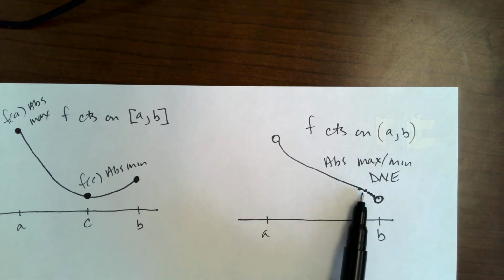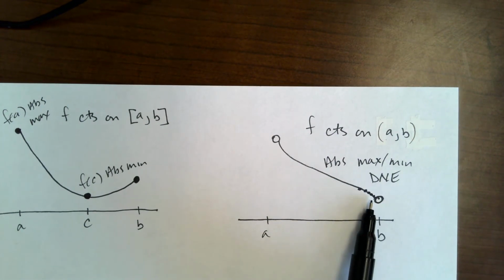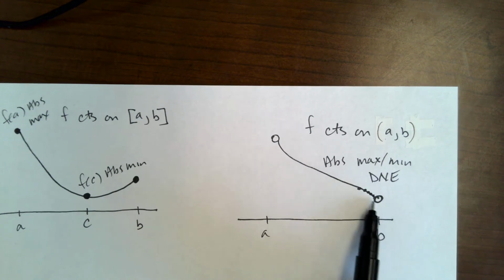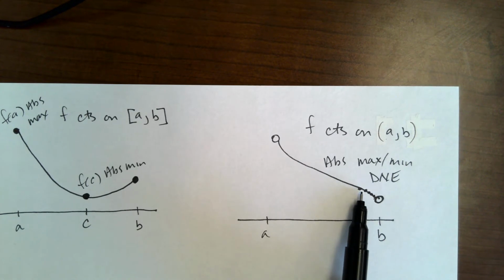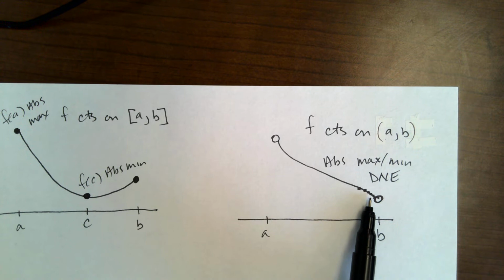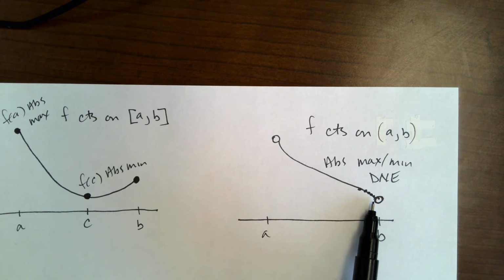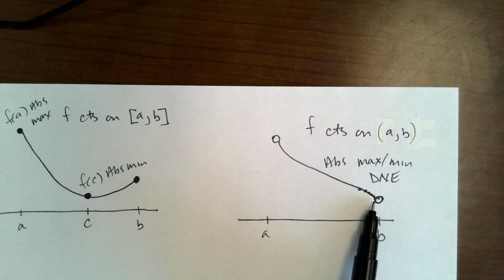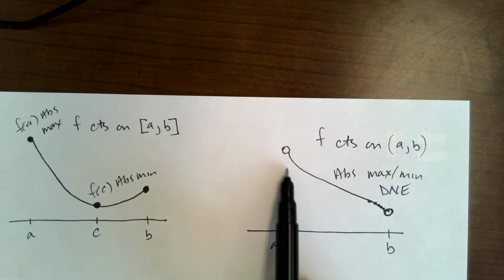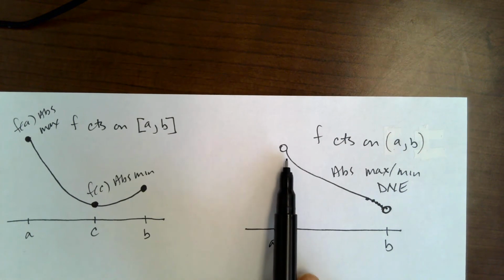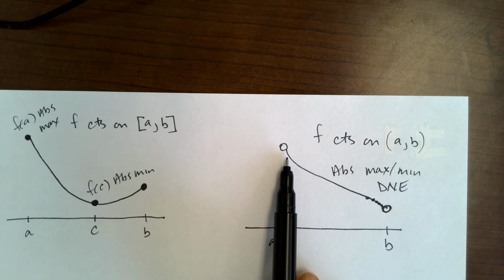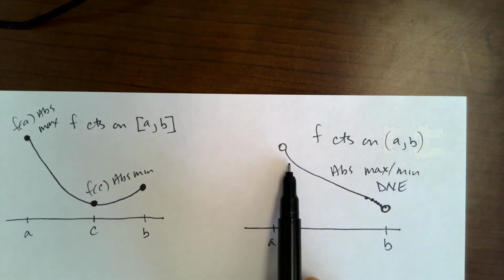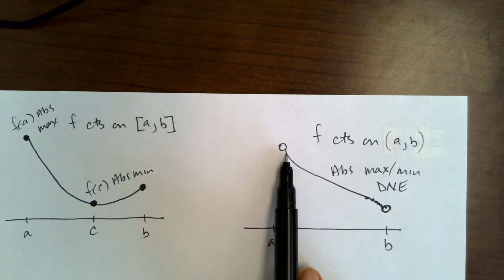Even if I think I'm at the lowest y, because this is an open endpoint, I can get lower and keep getting lower. Same thing for this potential max. As soon as you think, oh, I'm as high as I can go on this graph, you can go higher.